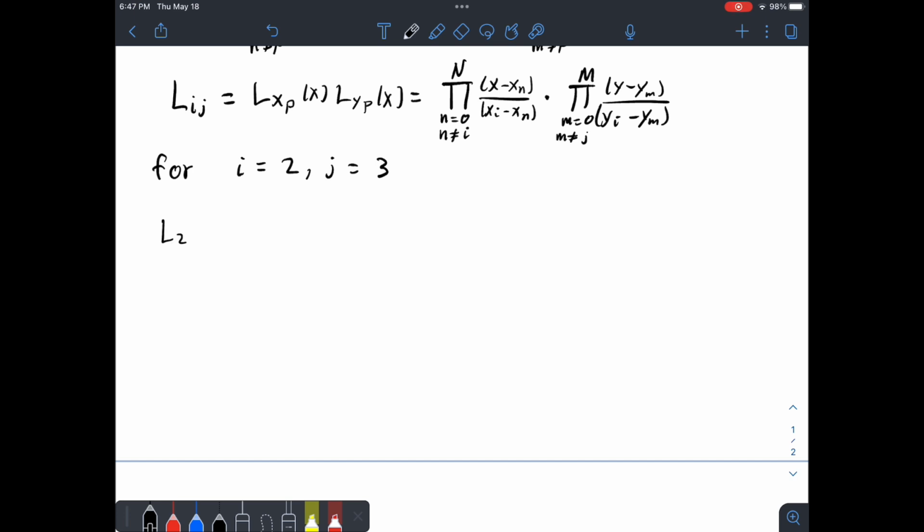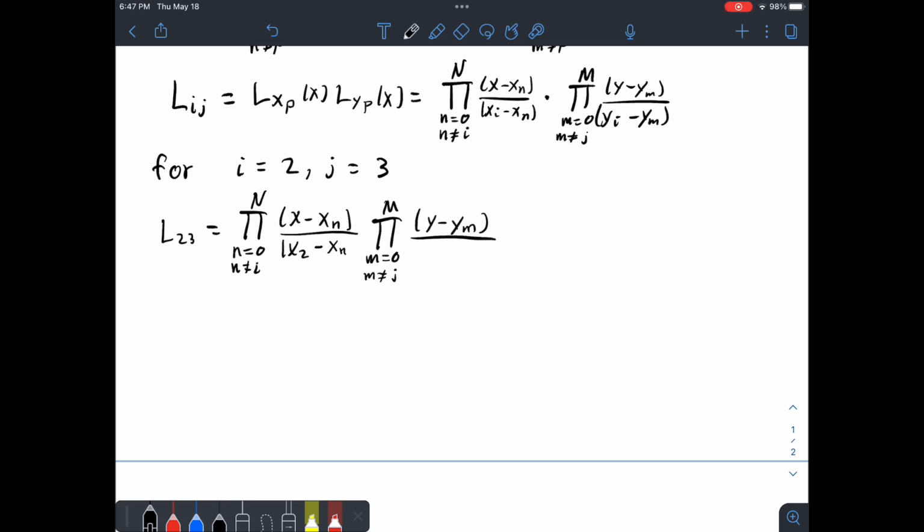So we have L23 is going to equal this, the product over n equals 0, n not equal to i of x minus xn, where xn is still a variable inside of this product notation, and our xi is actually x2, over x2 minus xn, and then we multiply by this one, the product over m equals 0, m not equal to j of y minus ym over y3 minus ym. And so now this is going to be our basis polynomial.